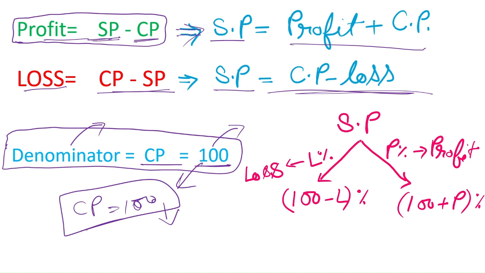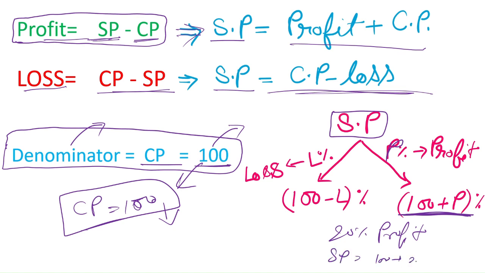And understand this concept. If P percent means profit percentage is given, then SP will be 100 plus P percent. Like if 20% profit, then what is SP?